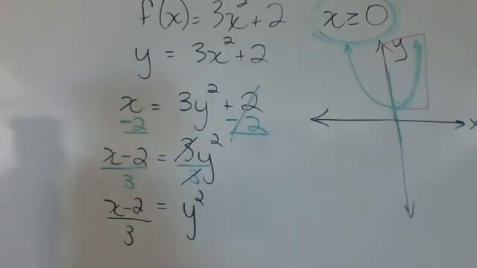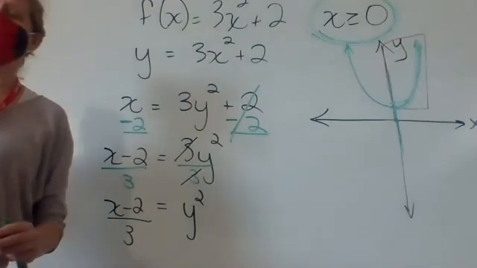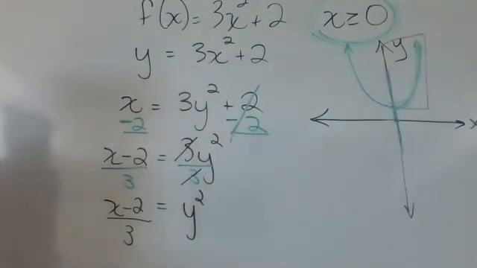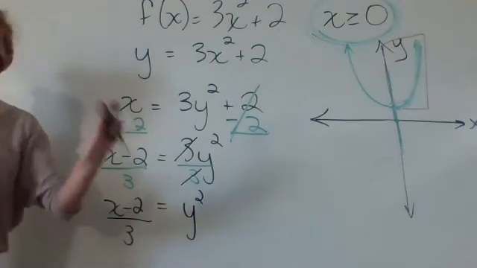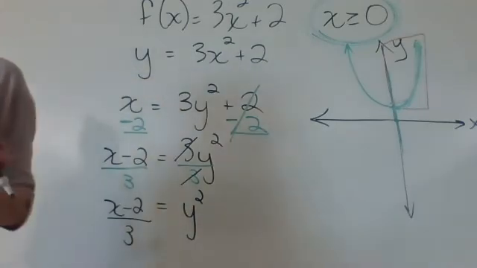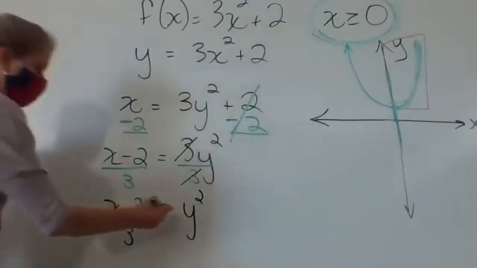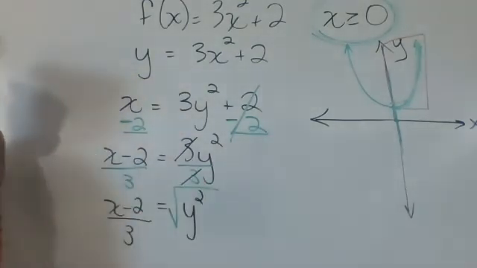Now remember, how did I knock out the exponent on the last problem? I did whatever root the exponent was. So since it's squared this time, I will just knock it out with a square root.